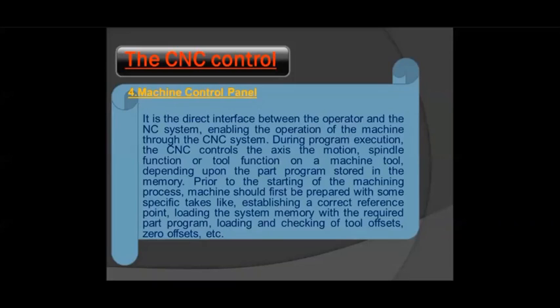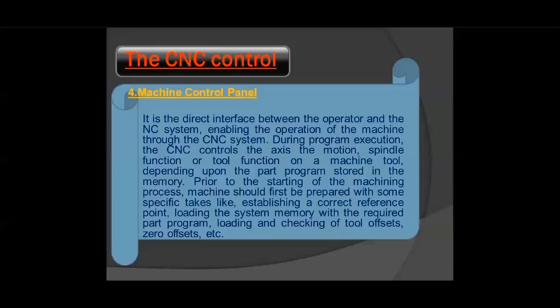Number fourth, machine control panel. It is the direct interface between the operator and the NC system, enabling the operations of the machine through the CNC system during program execution. The CNC controls the axis motion, spindle function, or tool function on a machine tool depending upon the part program stored in the memory.